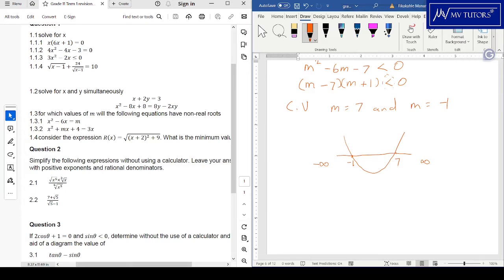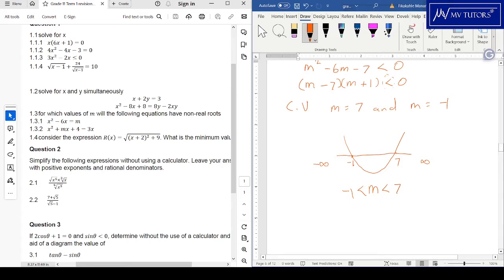Now below the graph, I can see from negative 1 to 7. So that's my final answer. So I'm going to have m, that inequality sign, from negative 1 to 7. That's my final answer. Okay.